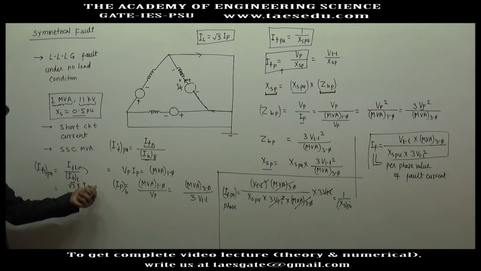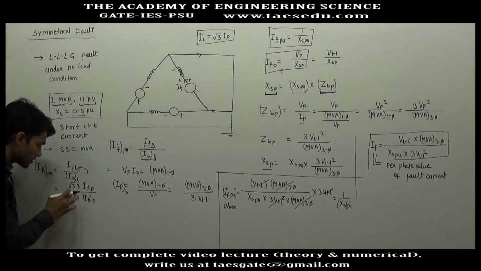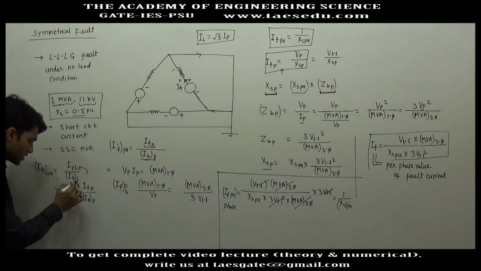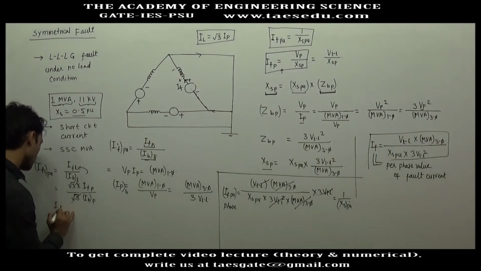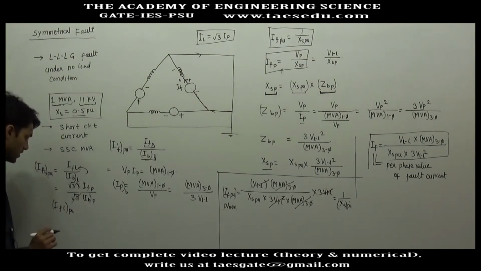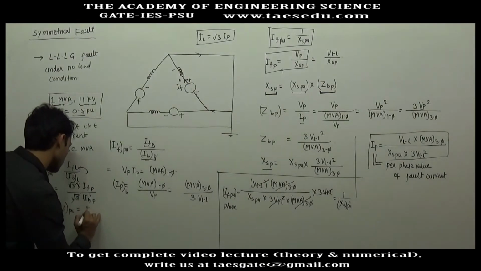The fault current will become √3 times the phase current, and the base value will also increase by √3 times. So again √3 and √3 will be cancelled. So you will get the PU value of the fault current in the line equal to the PU value of the fault current in phase.